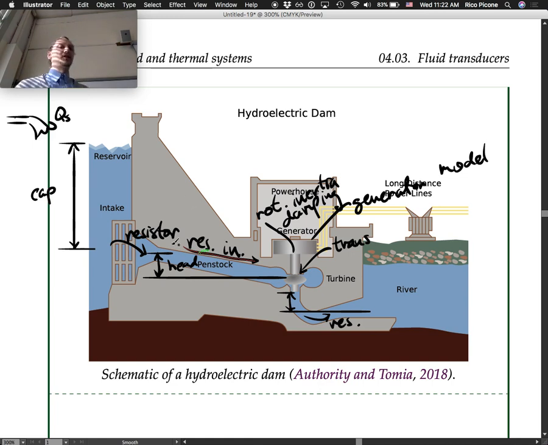It doesn't change. It's just due to the geometry, right? This is just always going to be there, that pressure drop. We would just say this is a constant pressure source. It's always going to be the same between these two. So there's that, and then the same with this pressure drop.